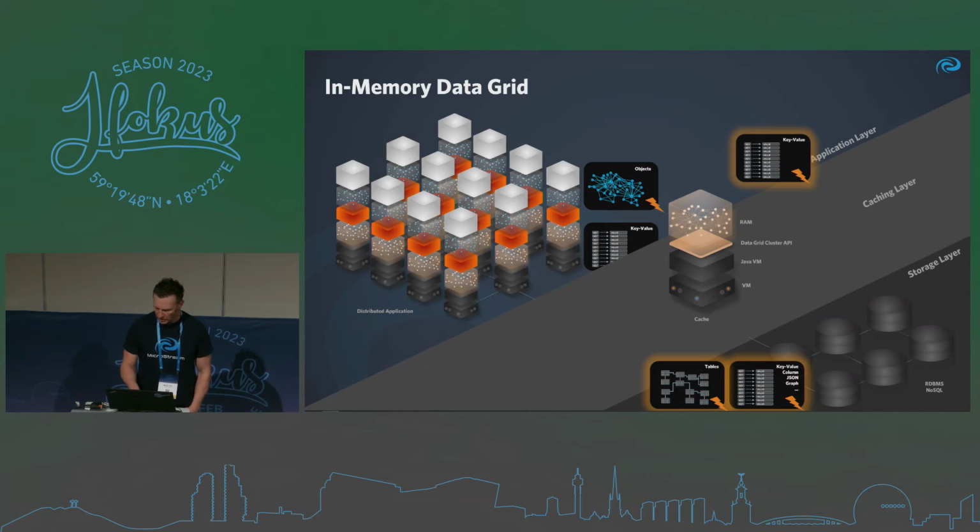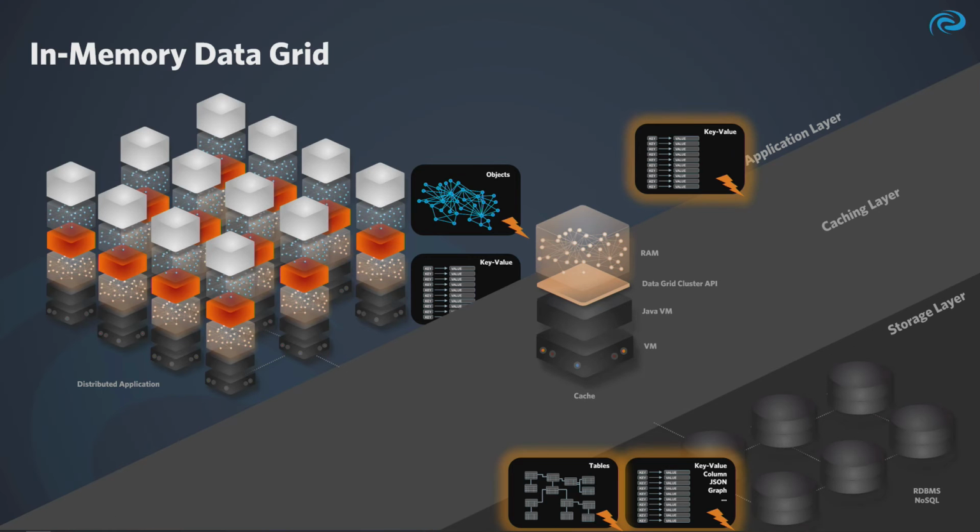An in-memory data grid works fundamentally similar to a distributed cache, but an in-memory data grid is also able to be used for distributed computing. So we have some computing functionality on top of distributing the data.